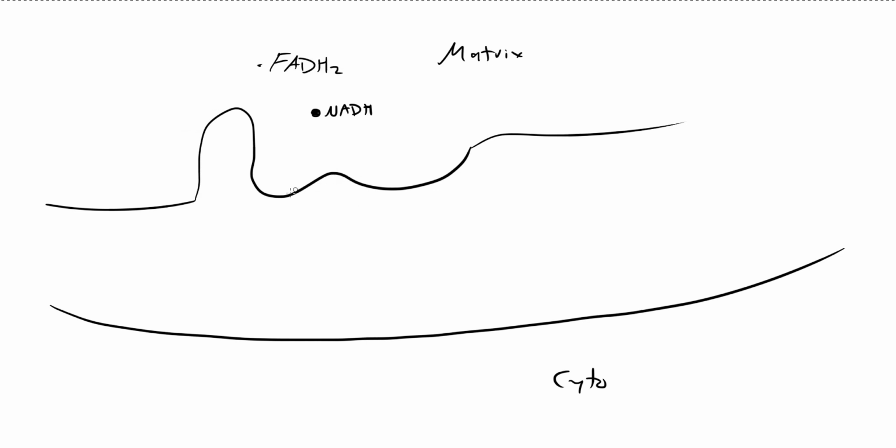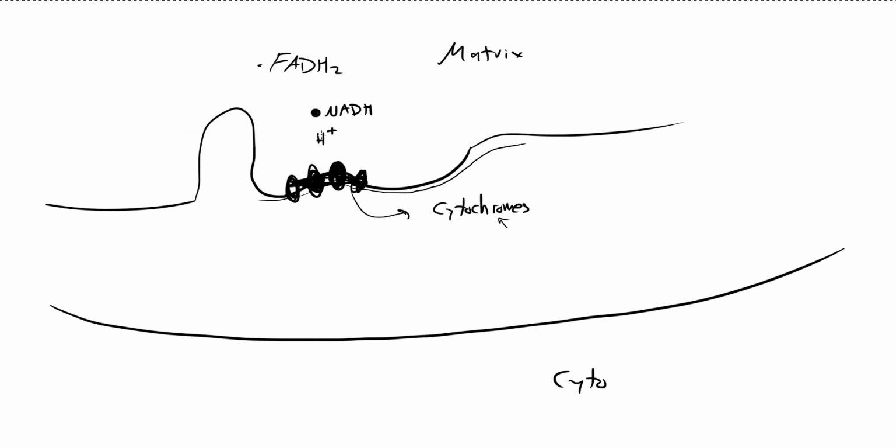All right, so embedded in this membrane here, remember this is a phospholipid bilayer, there are several enzyme complexes, protein complexes with organic molecules. You can just think of these as cytochromes, the same kind of thing we find in photosynthesis. And basically what this complex does is it's a pump. It's a proton pump. Here's a proton, a hydrogen ion. And what this does is it pumps protons across that inner membrane.